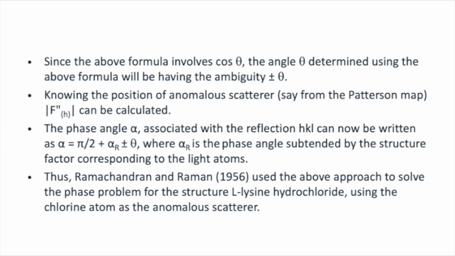This was also given in the paper by Ramachandran and Raman, with the experimental result for lysine hydrochloride. This is known as quasi-anomalous scattering, and we have the publication by Ramachandran and Parthasarathy in the journal Science. This is the most outstanding contribution of G. N. Ramachandran from the University of Madras in 1956. This work was cited when he received the Ewald Prize in 1999.